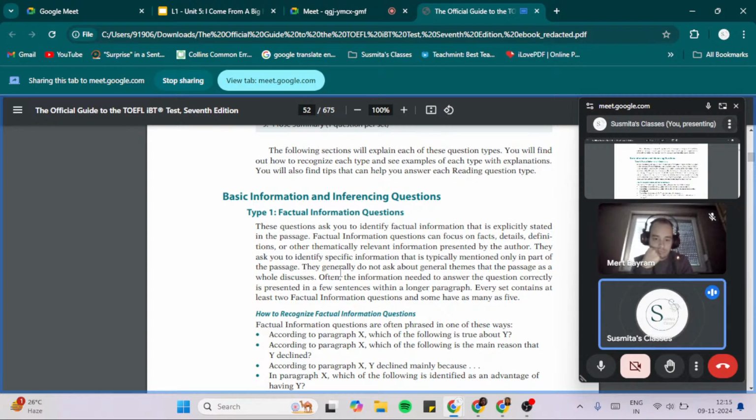Now, what is the difference between scanning and skimming? We will also learn that once we start with our lessons. But for now just understand that it's suggested that you read the whole passage first, so you know what it is about, you understand the main idea, and you understand which paragraph has which detail. But do not spend a lot of time on that, because some questions are also lengthy and they take a lot of time in solving.